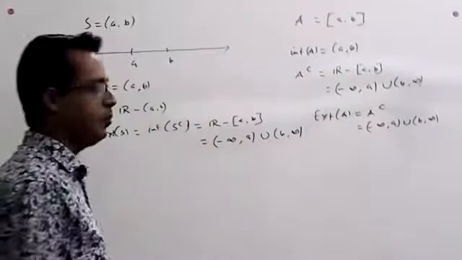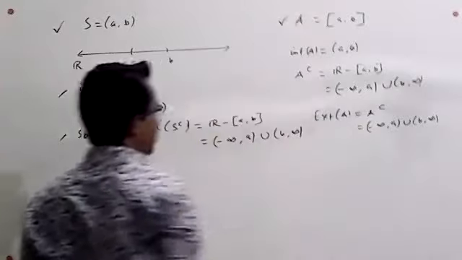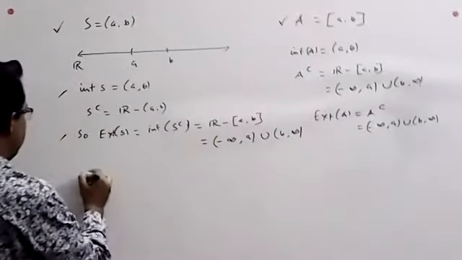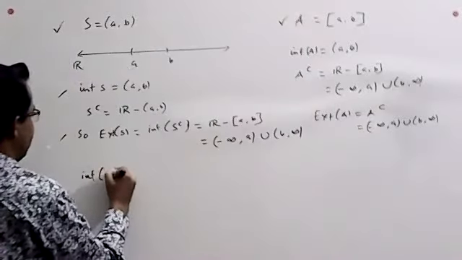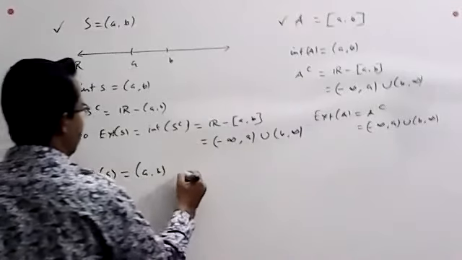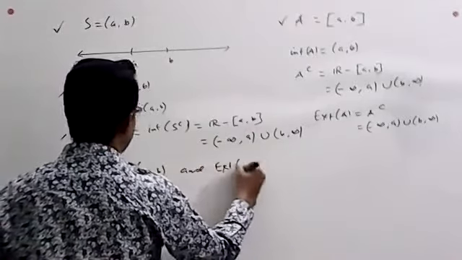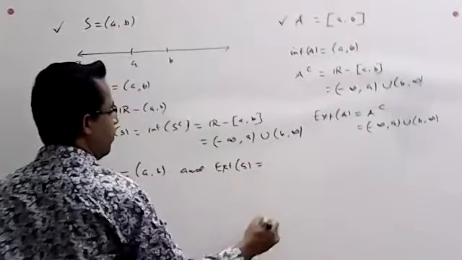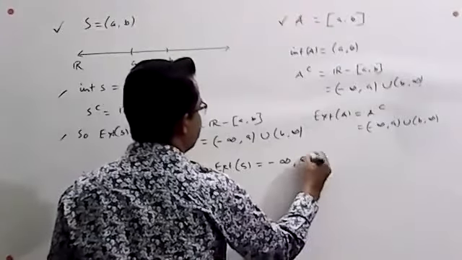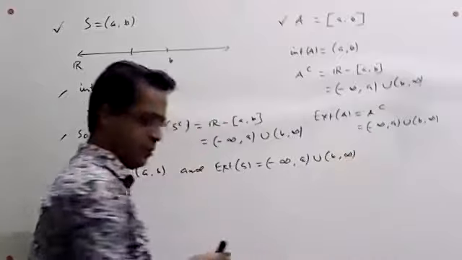So, for both the cases of an open interval and a closed interval, we have interior of a set equal to an open set A to B, and exterior of a set S equal to also an open set, which is minus infinity to A union B to infinity.